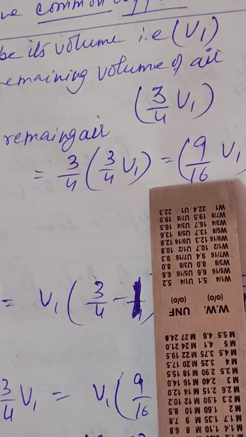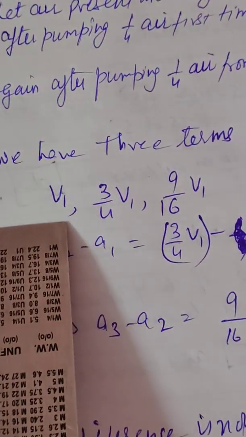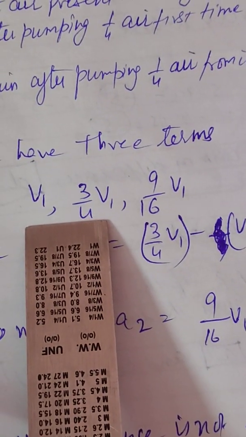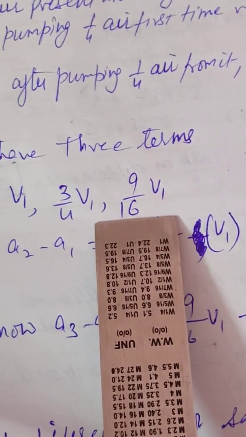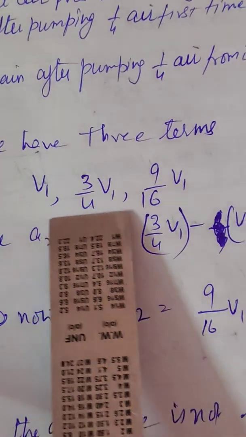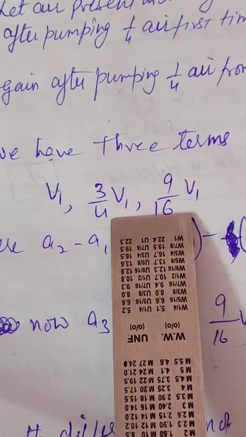Now we have three terms. First term of the volume of air is V1, second term of the remaining volume is 3 by 4 V1, third term of the remaining volume is 9 by 16 V1. So from these three terms we can find out whether this list will maintain AP or not.